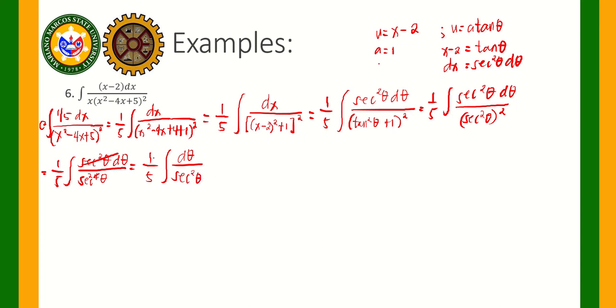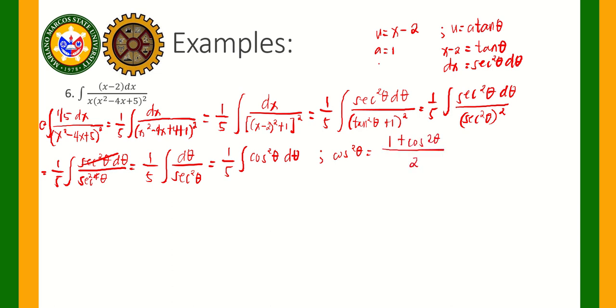Take note of our trigonometric identities, 1 over secant theta is equal to cosine theta. So, from our trigonometric identities, we can rewrite this as cosine squared theta d theta. Okay? And then, from there, trigonometric identities again, cosine squared theta is equal to 1 plus cosine 2 theta all over 2.